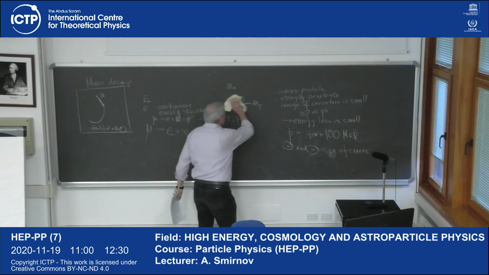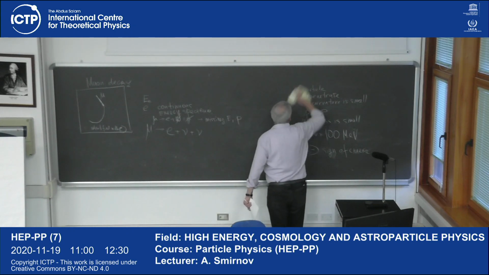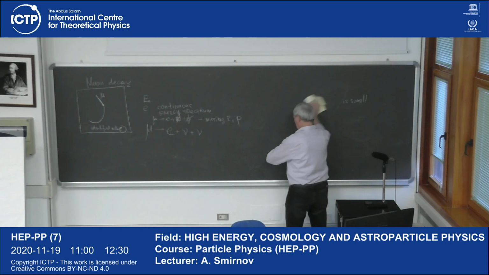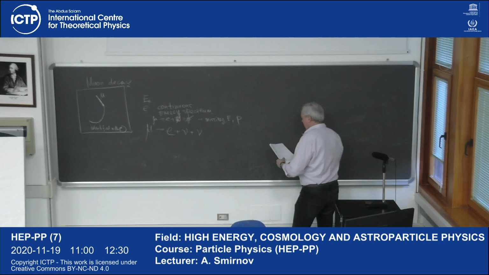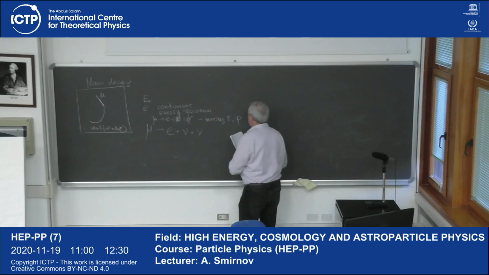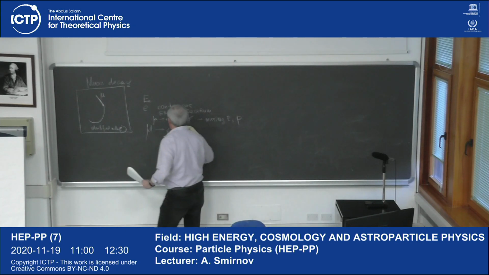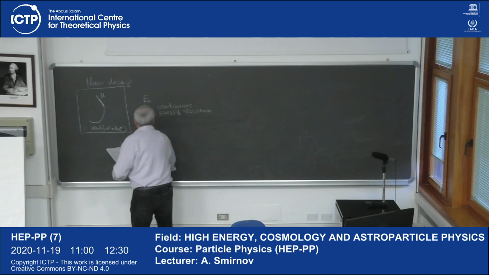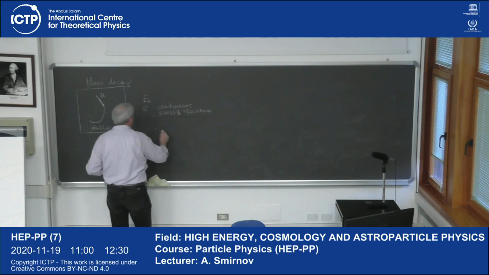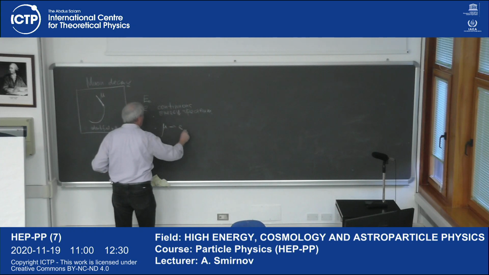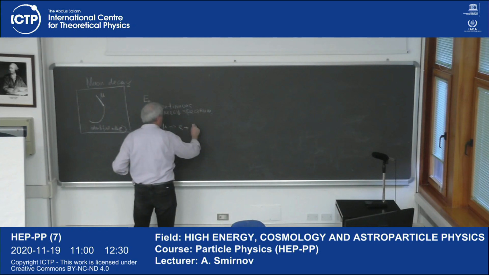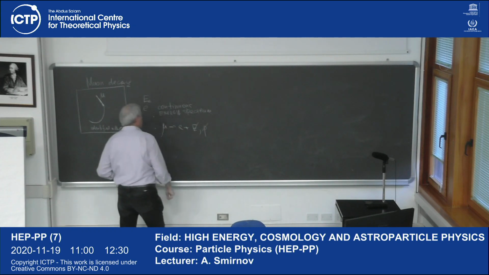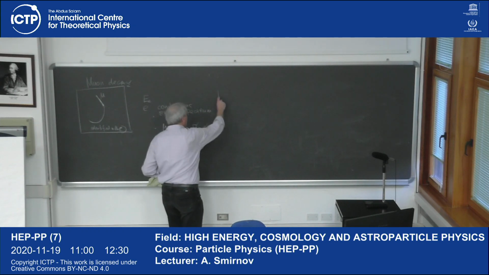Now, what is the interpretation? Let me repeat this. The interpretation of these events, so that's what has been wrapped up. So we go to the electron plus missing energy and missing momentum. So now the interpretation.